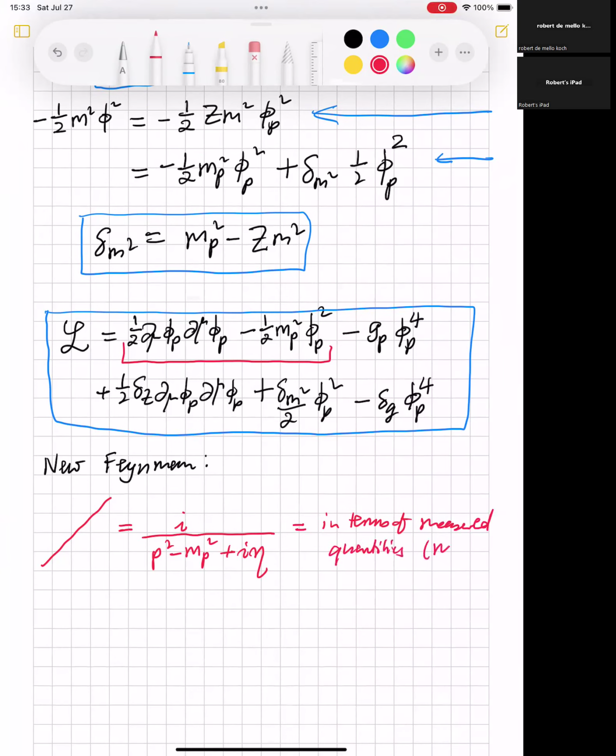Well, it only depends on mp squared, and that's what you'd measure. But notice this has the correct residue and pole. So that's nice. It's manifestly got the correct residue and pole. So we must just make sure that whatever corrections we add don't change that. Very good. Okay, we'll continue going in a moment.